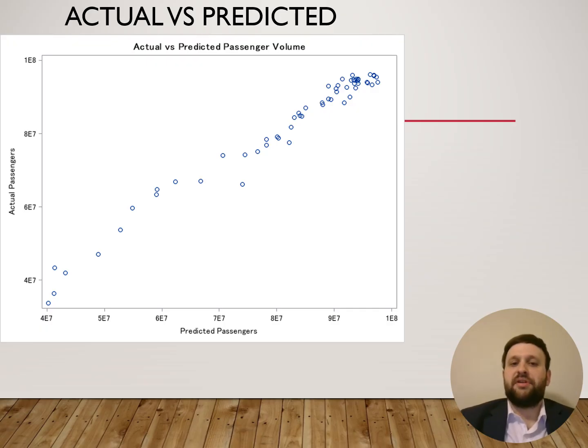And there's no clear pattern of over or under prediction and no influential outliers because they're all relatively right along the line. And this visual fit is consistent with the model's high R squared value, and it supports the conclusion that the model provides reliable forecasts of passenger demand based on the variables that we're relying on.